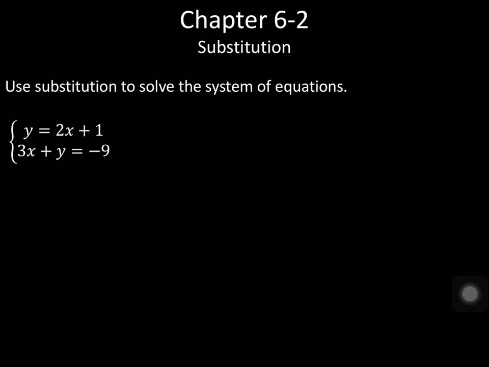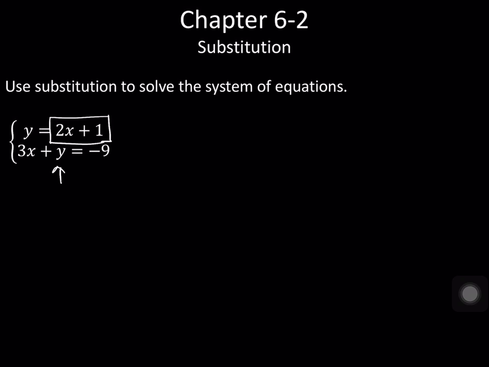And in this case, I already know that y equals 2x plus 1. Now I don't know what x is, and I don't know an actual value for y yet, but I do know that y equals 2x plus 1. And so I can take 2x plus 1 and substitute into that second equation.